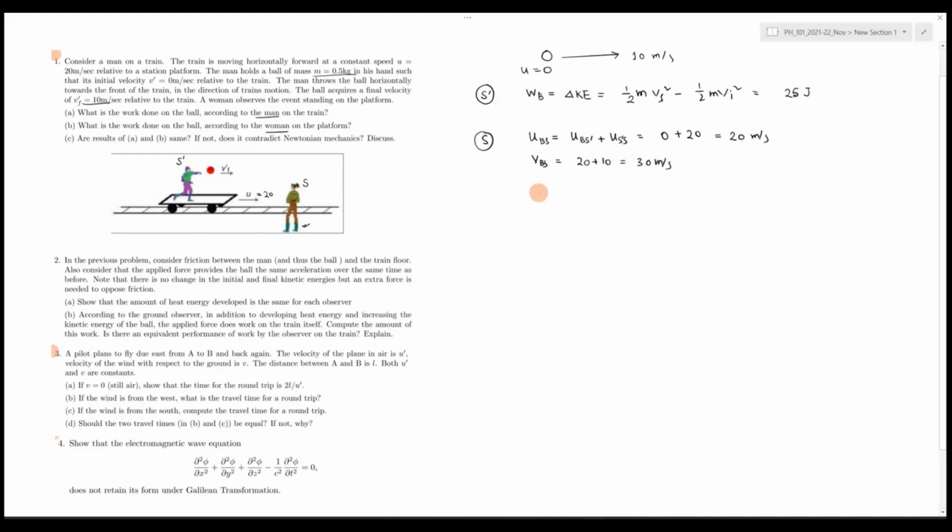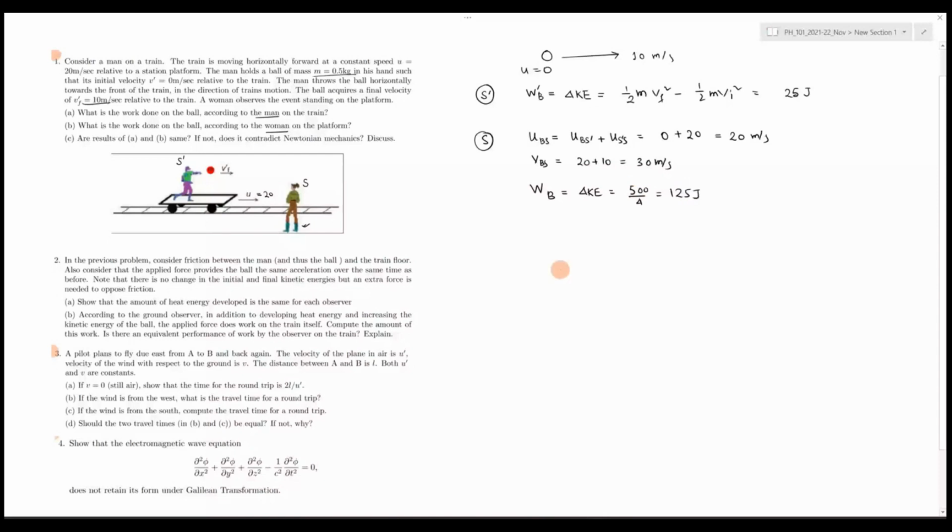Now, calculate the work done on the ball. Let me call it W prime here and W here. What will be the work done according to this S frame? Same formula, change in kinetic energy, which is 500 by 4, that is 125 joules.